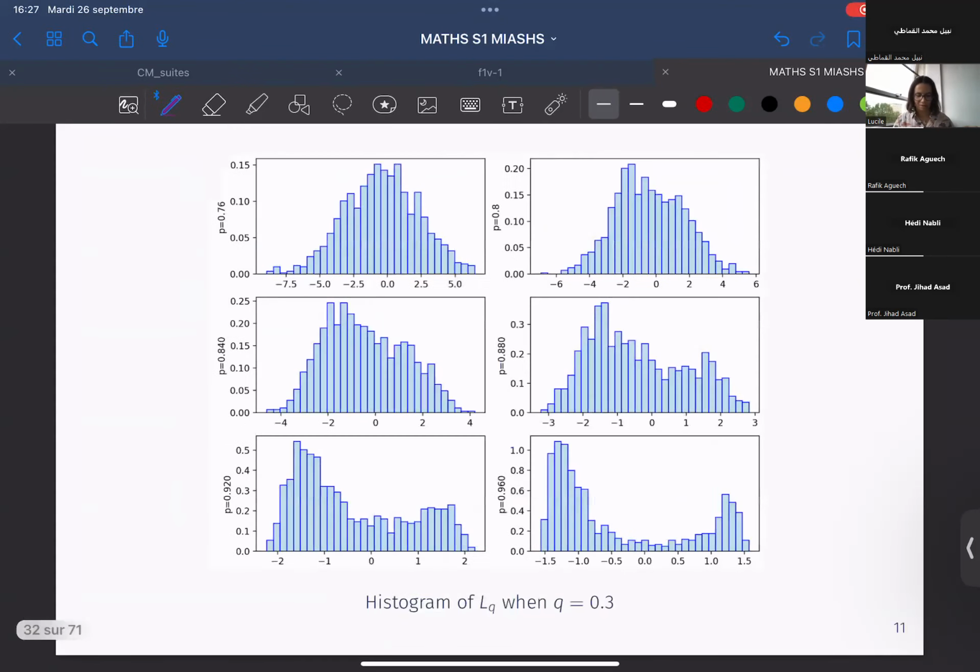And when you have a bigger probability of going, for example, to the left here, then it has a bigger probability of choosing something at the left of the line than the right. But this doesn't give you more information on the random variable.